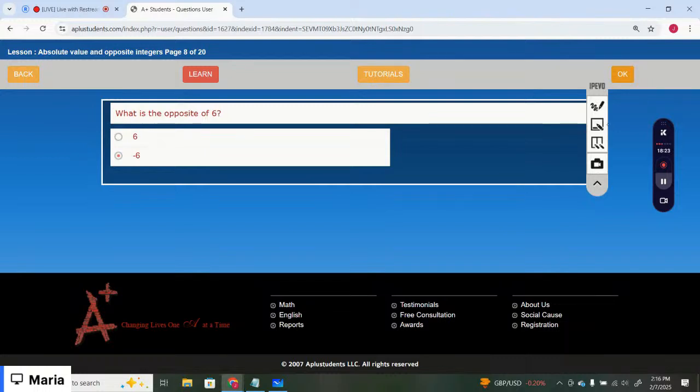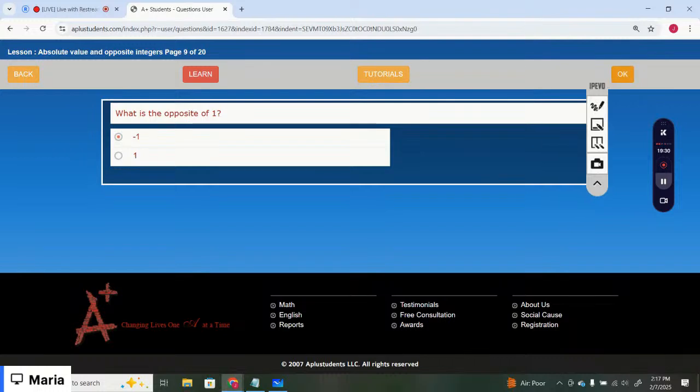Option number 2 is the correct option. What is the opposite of 1? That is -1.